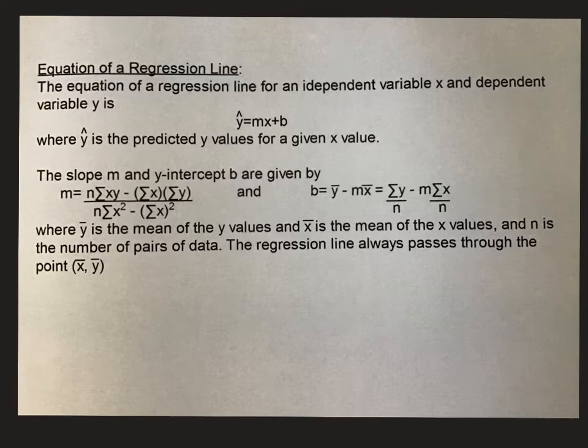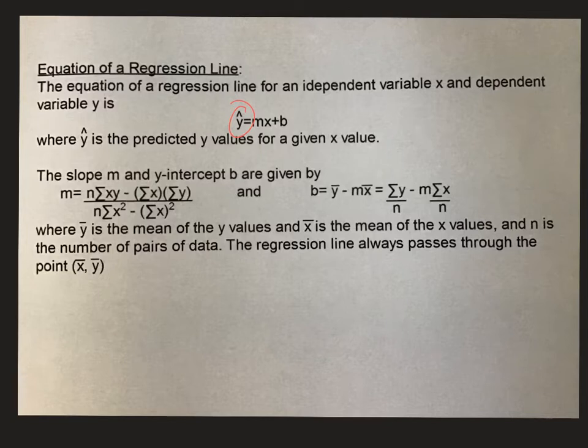When we talk about equations of regression lines, that really doesn't change from Algebra 1 where you were writing the equation of a line, y equals mx plus b. M is still your slope, and b is still your y-intercept. None of that has changed. The difference is that it's y hat, because y hat is your predicted values, what it should be for your line of best fit.